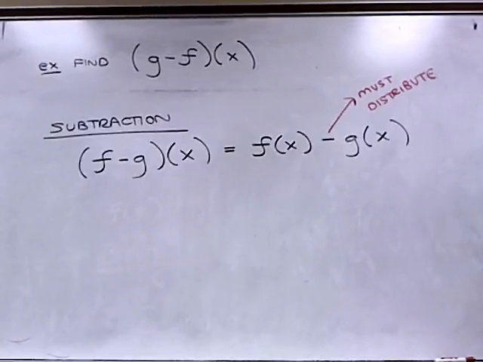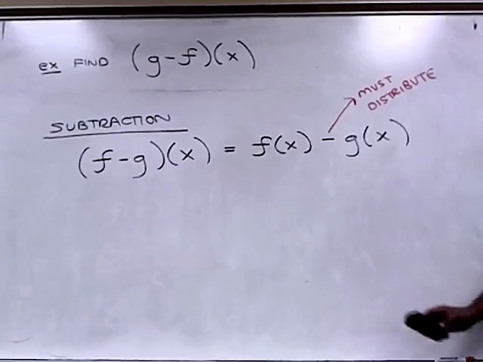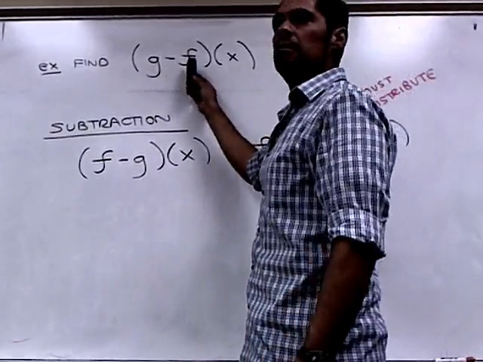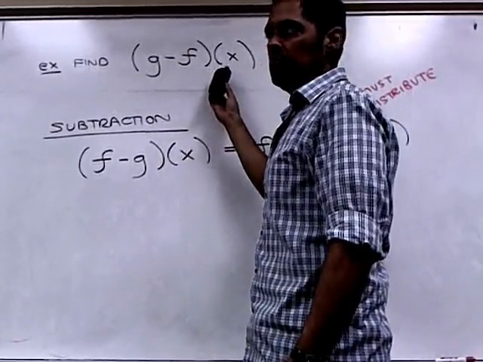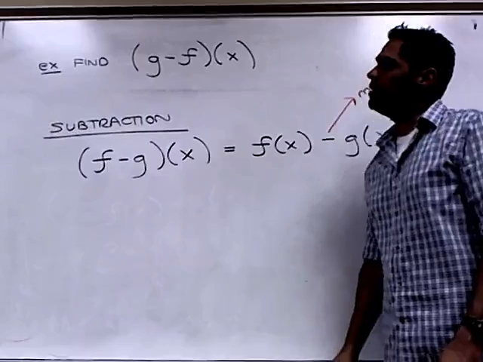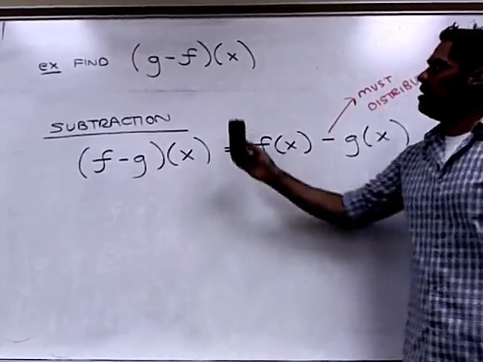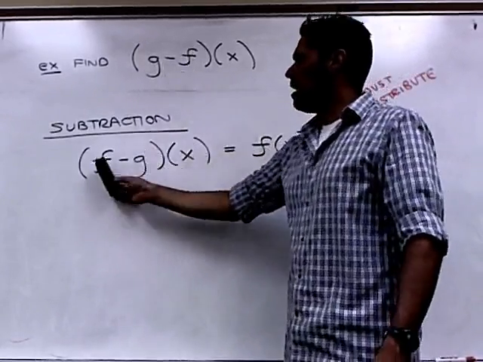Now, I did something there. Do y'all notice it? I switched it, right? I put the g first, then the minus f. Do you think that matters? Is g minus f the same as f minus g?